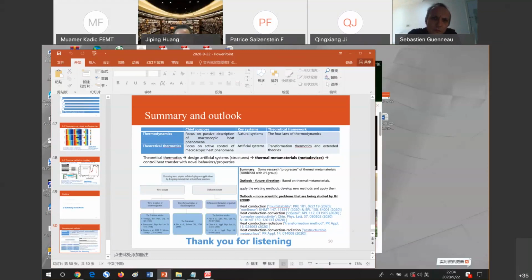You mean conduction, convection, radiation? Okay. Actually, in our work we first do theoretical analysis. We use the normal conduction equation, the normal diffusion convection equation, and then consider radiation.